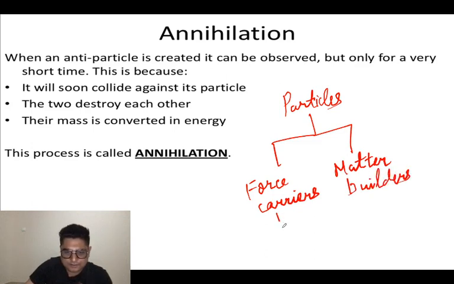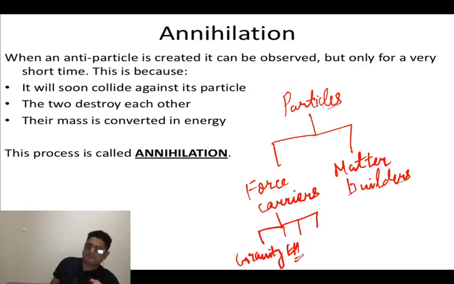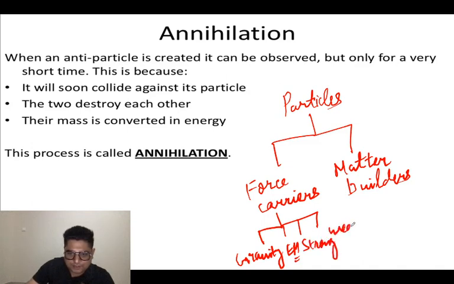Force carriers are for all four types of forces: gravity, electromagnetic (EM, that's the abbreviation I am making over here), strong, and last but not least, weak. So what are the particles involved in carrying these forces?